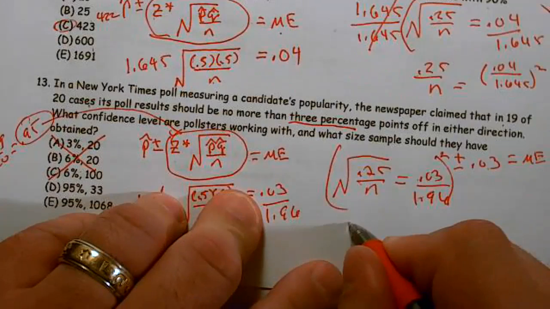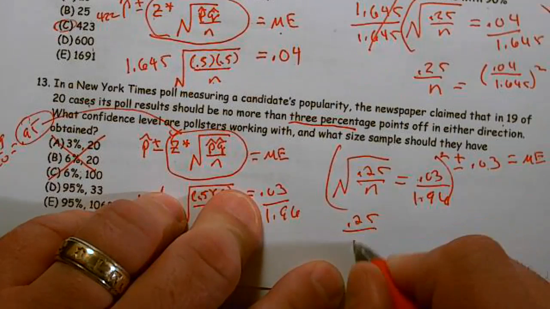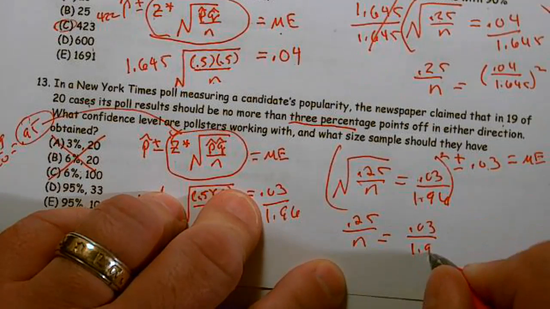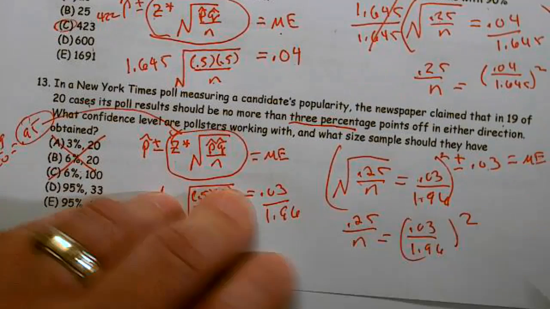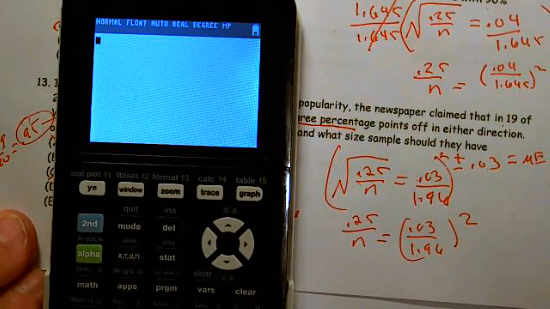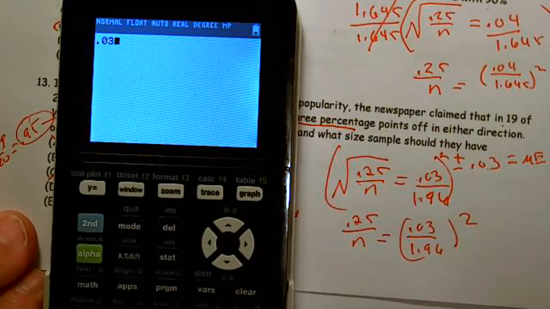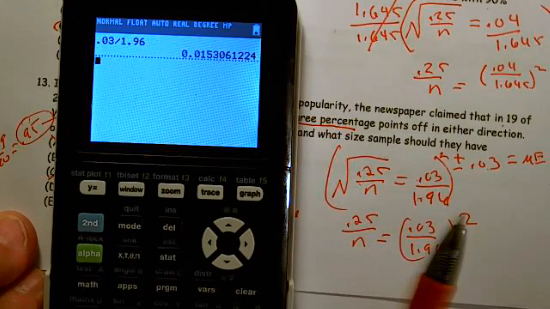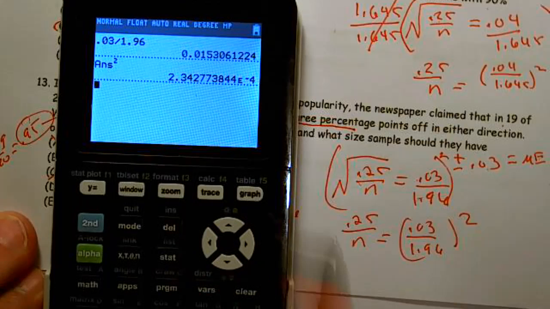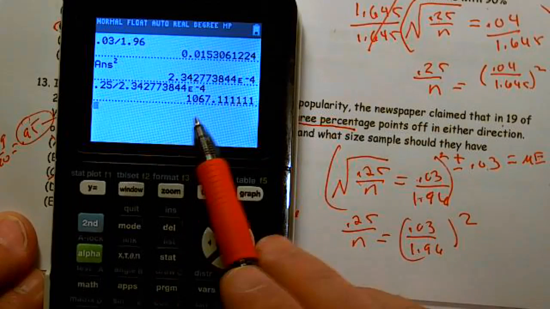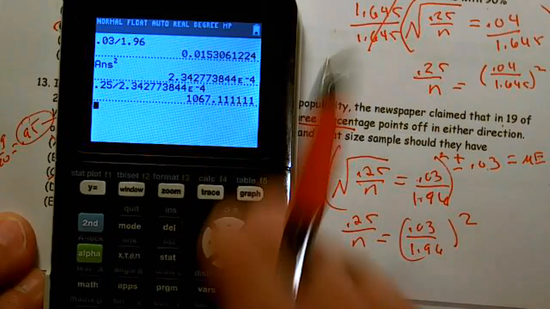When I do that, I end up getting 0.25 over n equals 0.03 over 1.96 squared. So 0.03 divided by 1.96 raised to the second power. And then I'm going to take 0.25 and divide it by that really small number, and I get 1067.1.